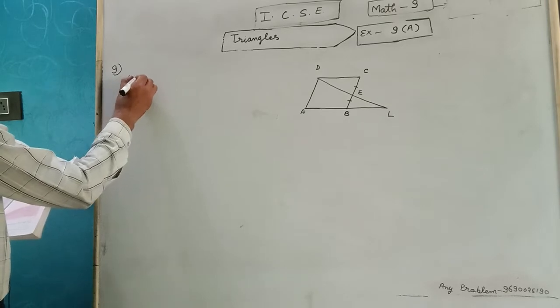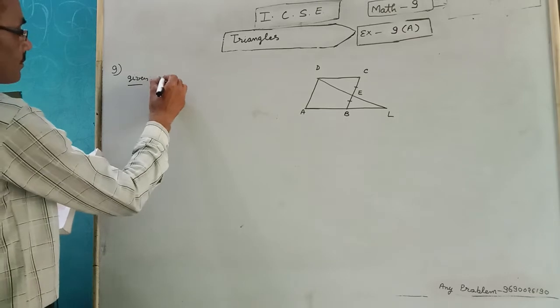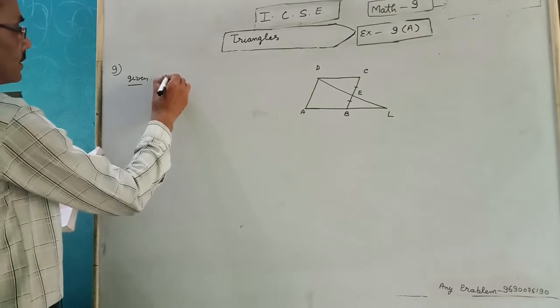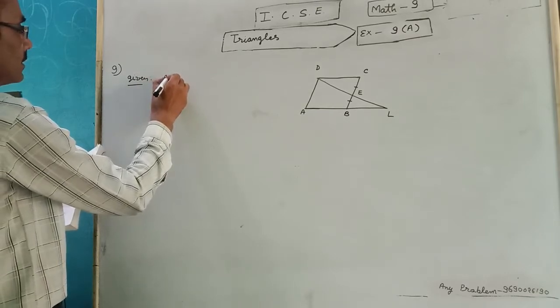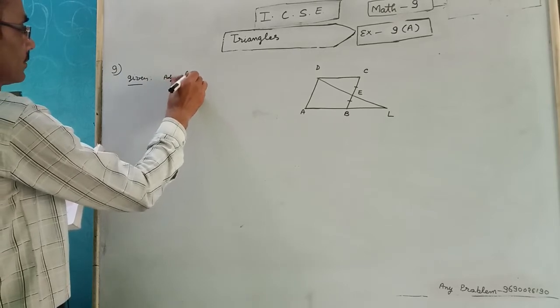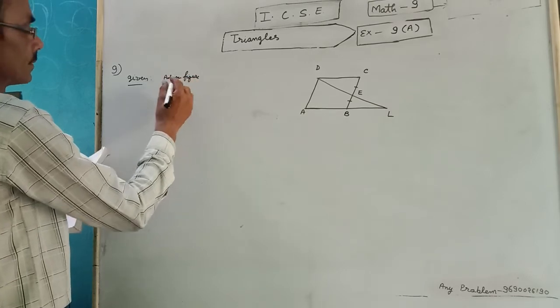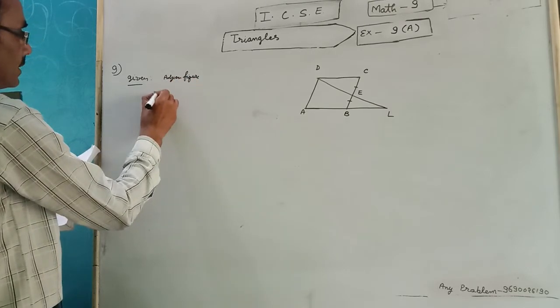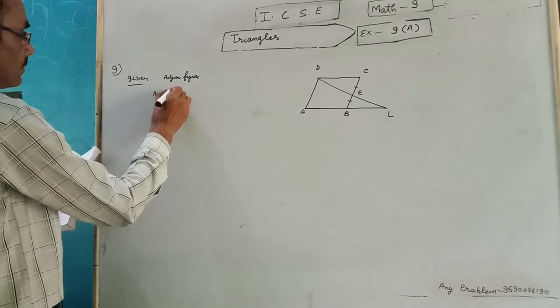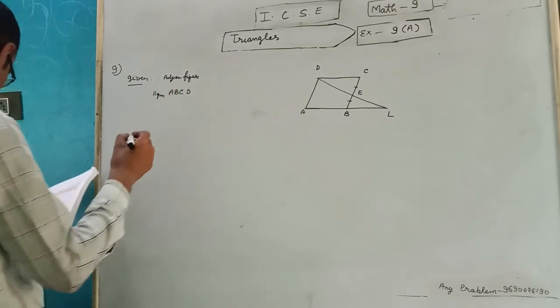You write the given in the adjoining figure: parallelogram ABCD.